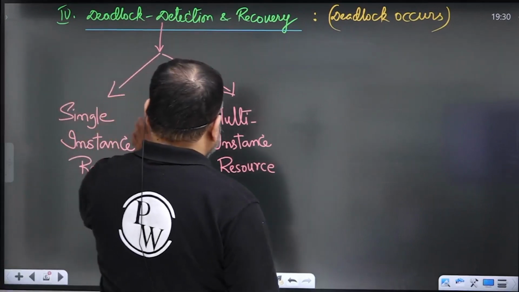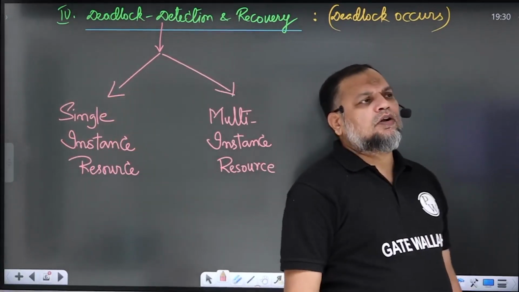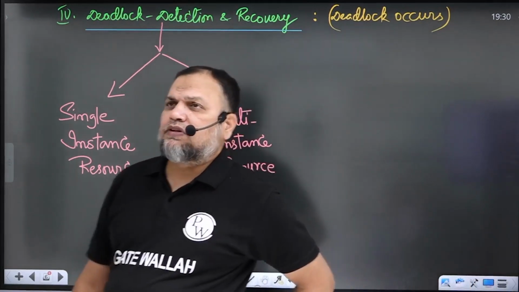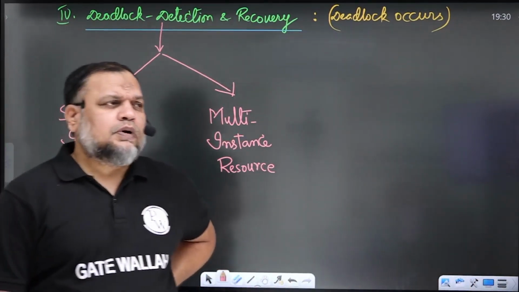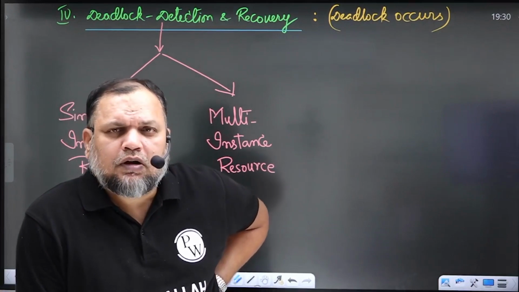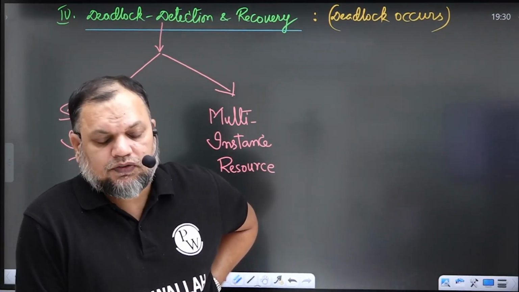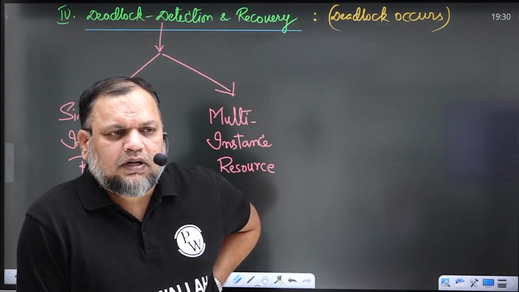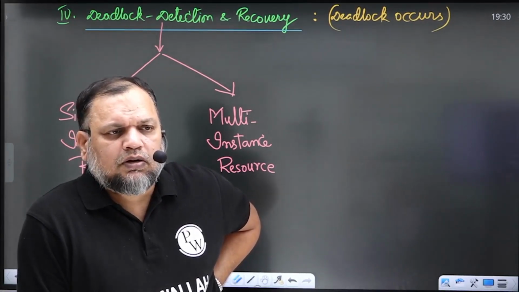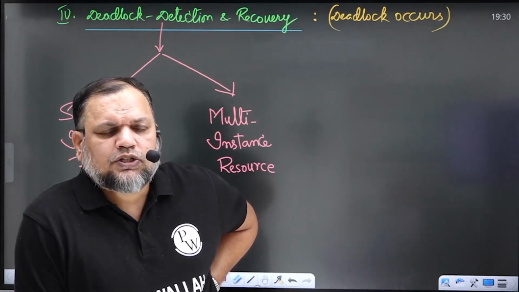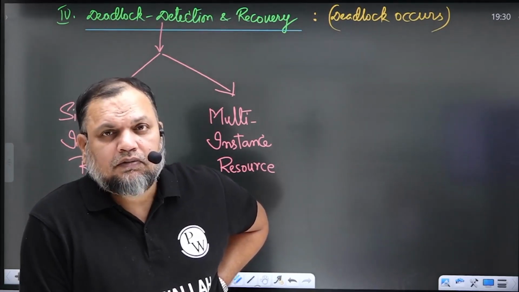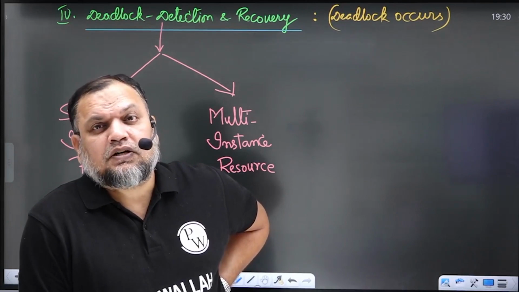Both are very clear. That means how am I going to detect the deadlock when my system has single instance resource and when it has multi-instance resource? But before I take that up, I have one fundamental question. When I'm using deadlock detection and recovery in my operating system, the question is, when should the operating system deadlock manager activate the deadlock detection test?